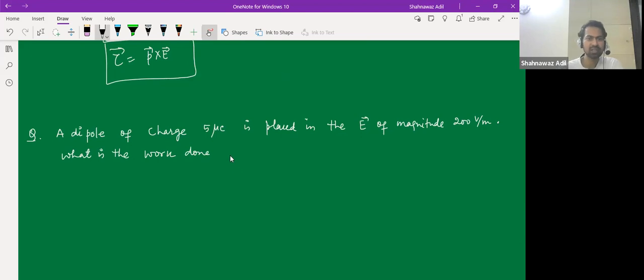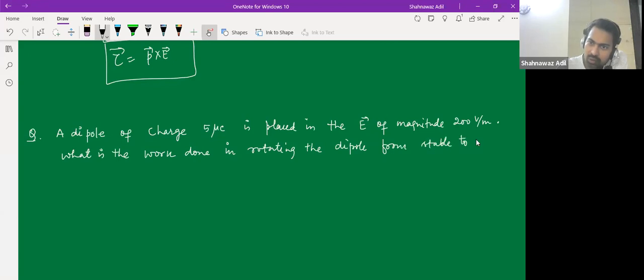A dipole of charge 5 microcoulomb is placed in an electric field of magnitude 200 volt per meter. What is the work done in rotating the dipole from stable to unstable equilibrium?